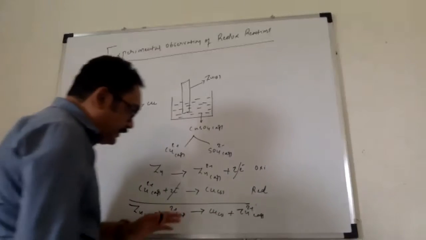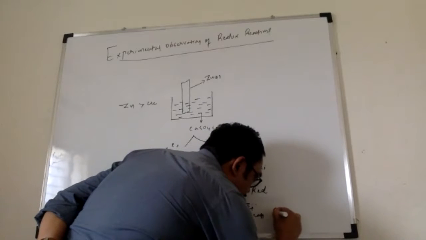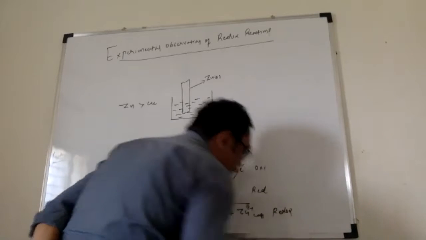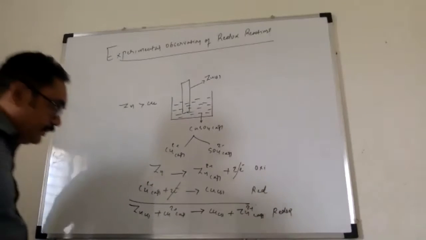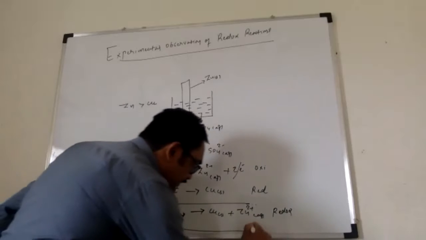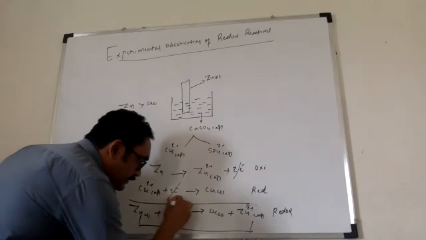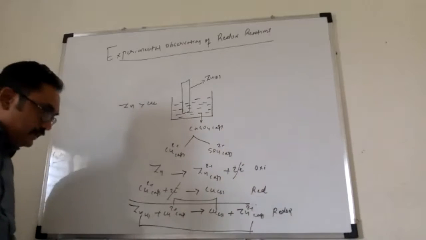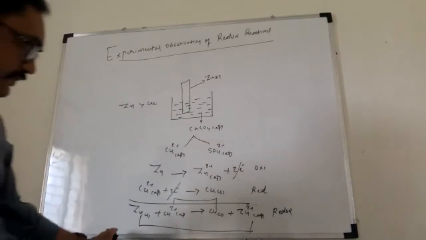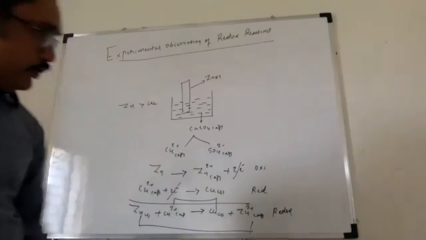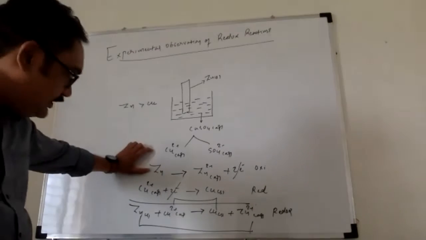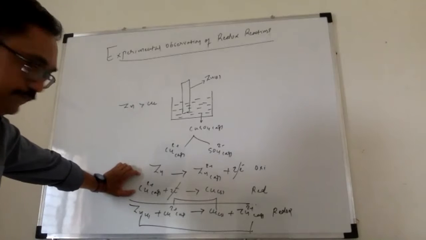So this reaction is a redox reaction. It has an oxidation half as well as a reduction half. Both the halves are there. So this is our overall redox reaction. This is our oxidation half and this is our reduction half.